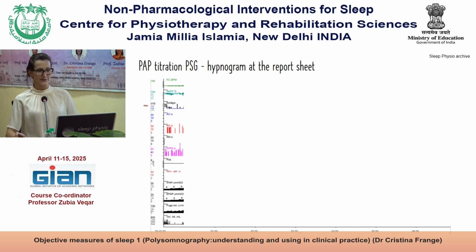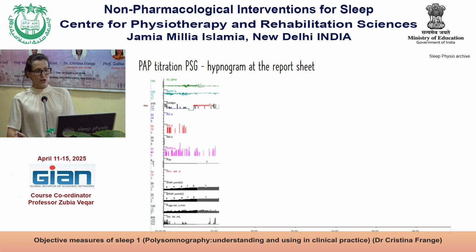What? See the difference? So when the pressure was 9, the patient is at the same position. The hypopneas, they start to disappear. The apneas disappeared.